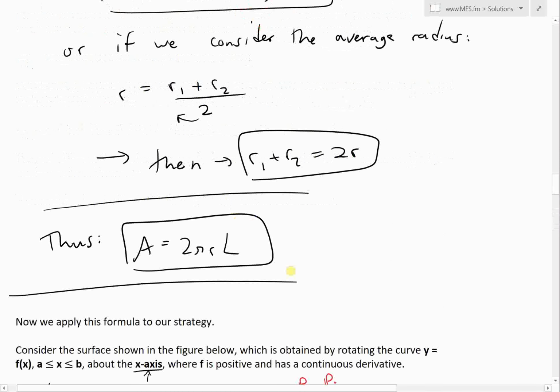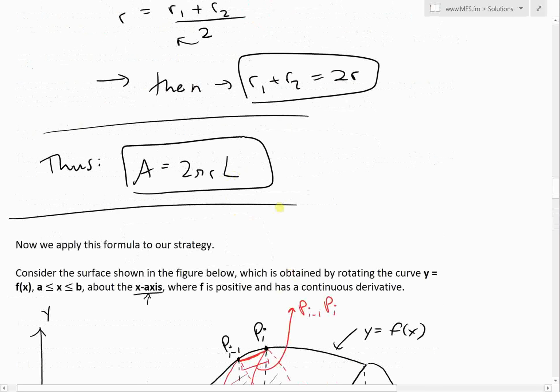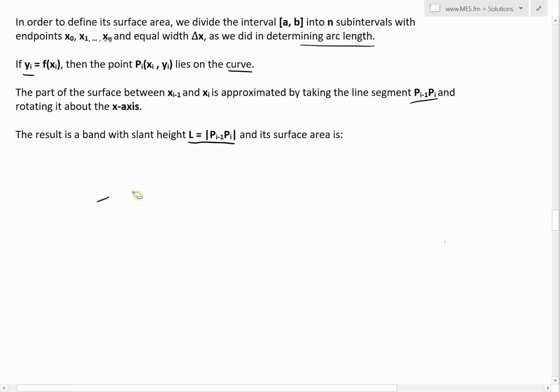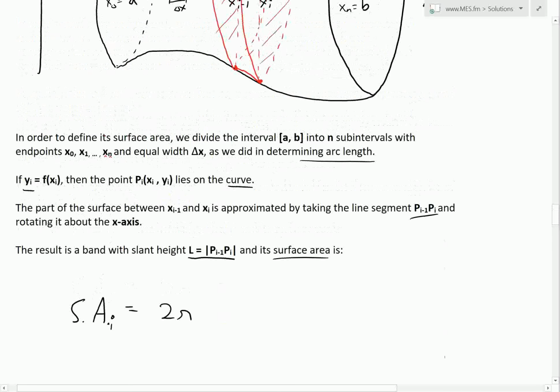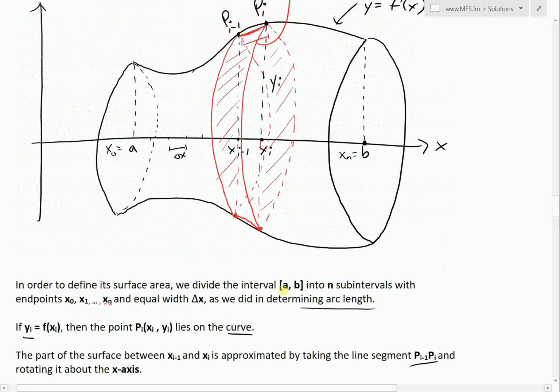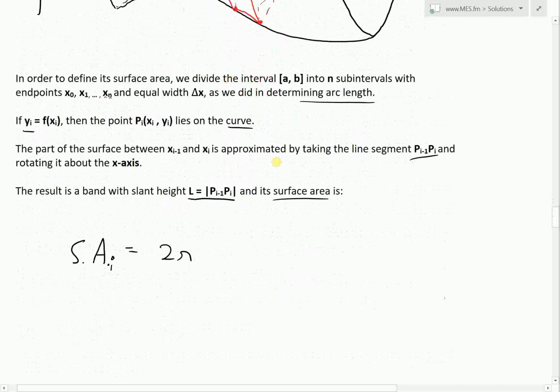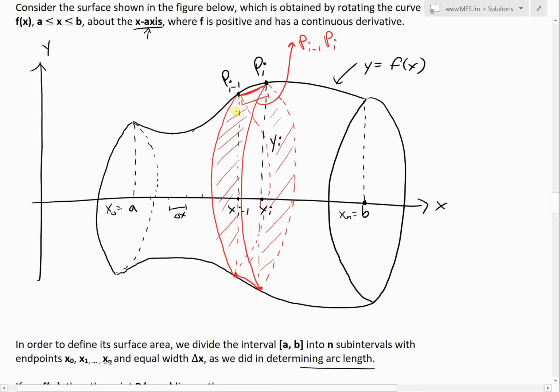So its surface area is going to be that same formula right here, 2 pi r times L. Because we're going to use A for something else, I'll write the surface area as A of band i, which is equal to 2 pi, and then the radius is not yi, it's the average radius.